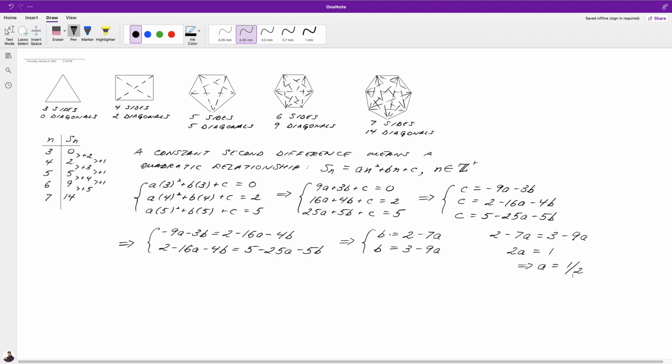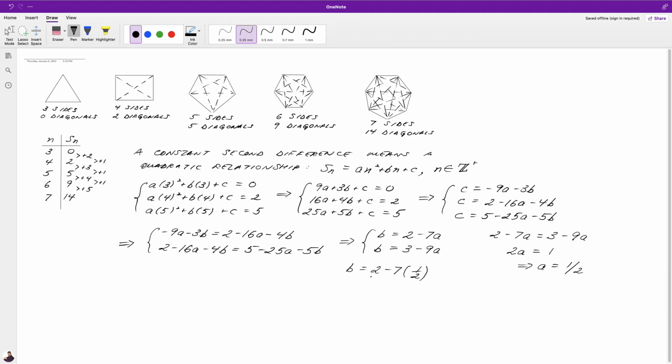So let's go ahead and find b now that we know a. So b is going to be equal to 2 minus 7 times a, which is, of course, 1/2. That is 2 minus 7/2. 2, of course, is the same thing as 4/2, and 4/2 minus 7/2 is negative 3/2.